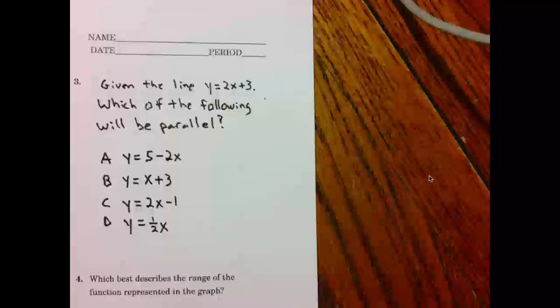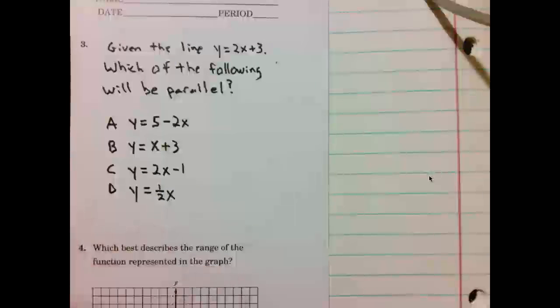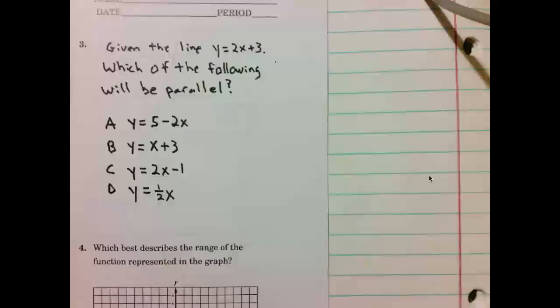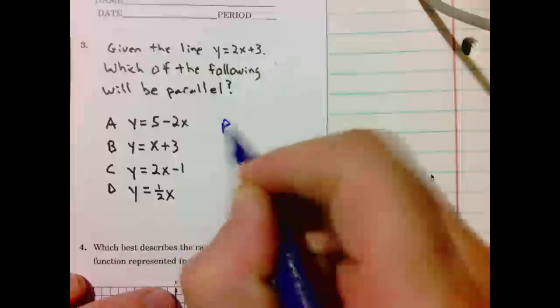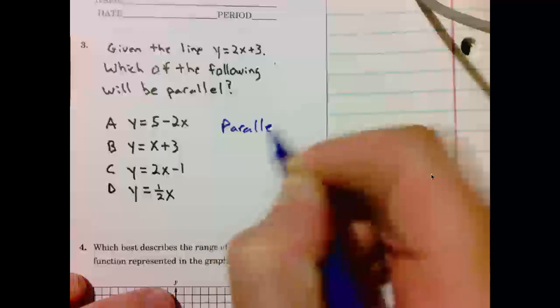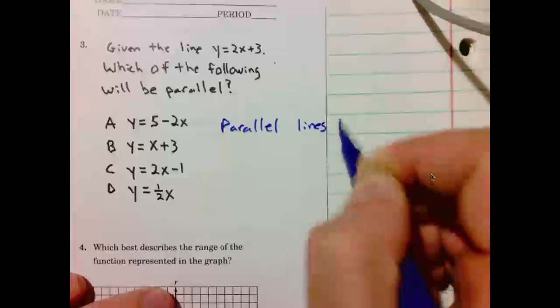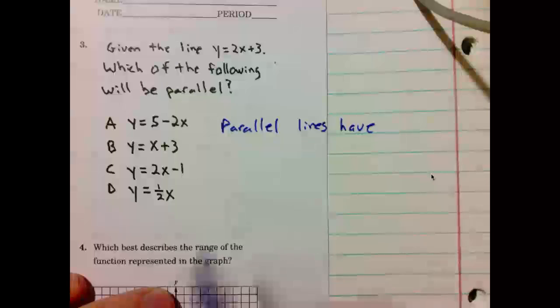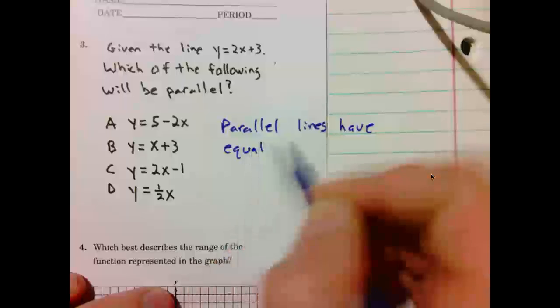Given the line y equals 2x plus 3, which of the following will be parallel? Well, hopefully you remember that parallel lines have equal slopes.